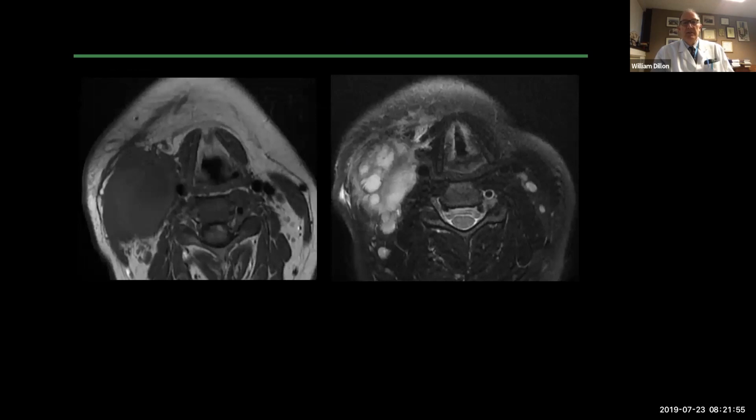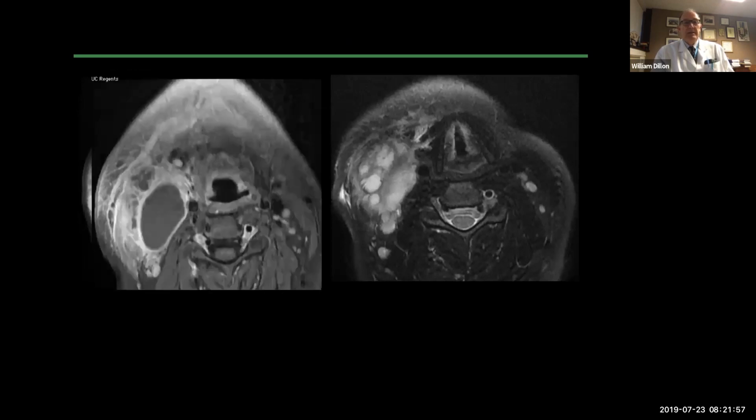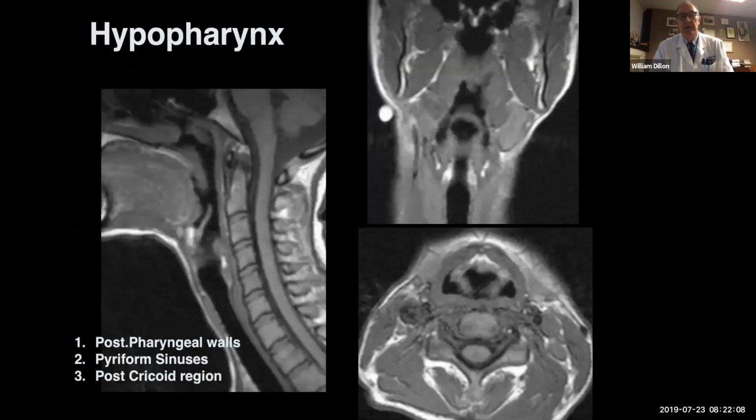Here's just another example of another mass, a cystic mass. This is an infected branchial cleft cyst that's extending down towards the submandibular space. So a lot of things can occur in that area. And finally, in the hypopharynx, this is an area just above the larynx where we can see primarily cancers involving the piriform sinus, the pharyngeal walls, or the so-called postcricoid space.